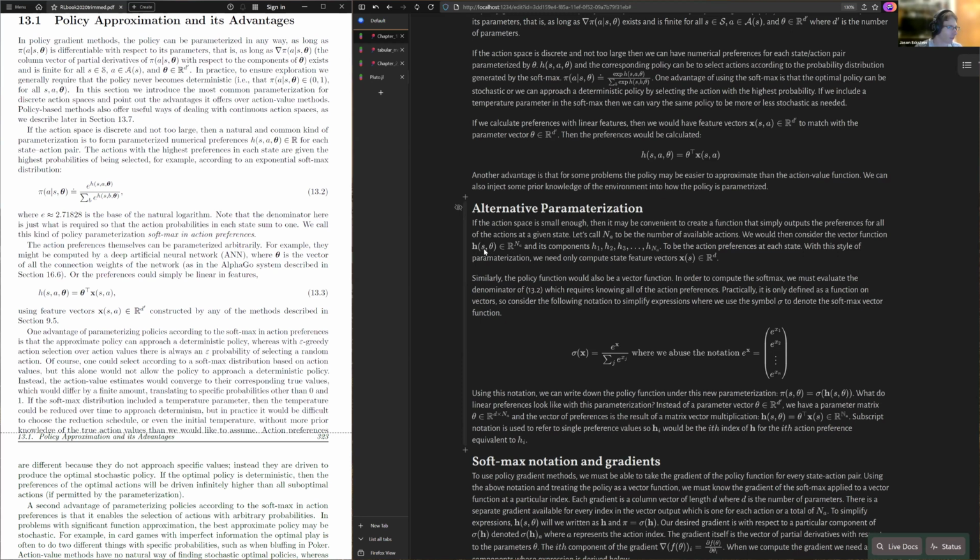This function operates on a state, and it depends on the parameters theta. It's a vector function that outputs a vector of size NA, one value for each action. We can also write it with subscripts, H1 all the way to HNA. These will be the action preferences at each state.